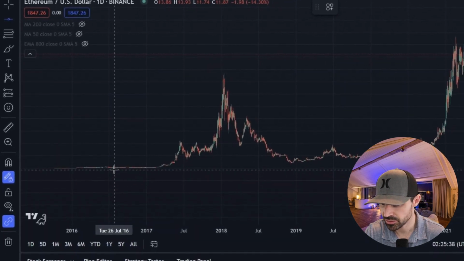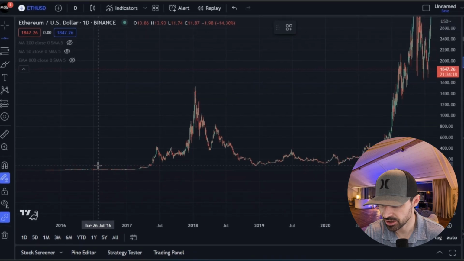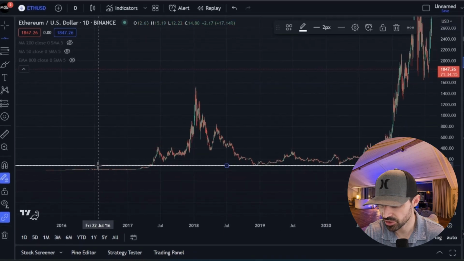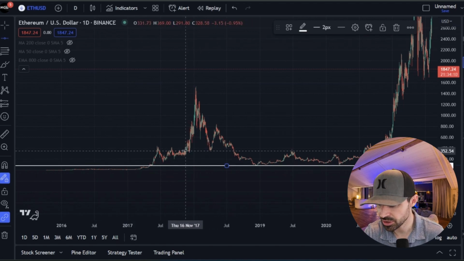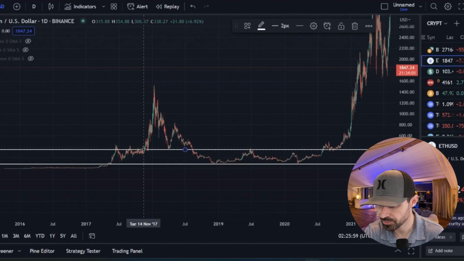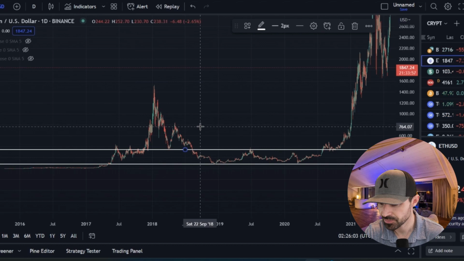So where can you see in this chart? Right here, this is kind of a nice line of support. So we can just draw in this line here on white. And another line would be here. And we'll say around here.